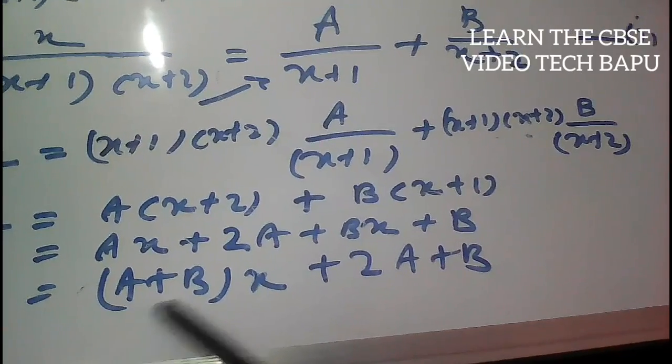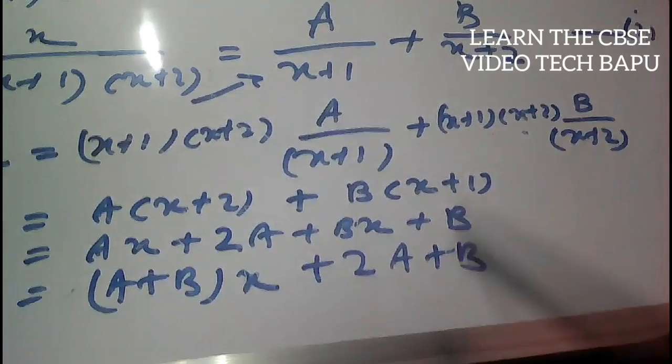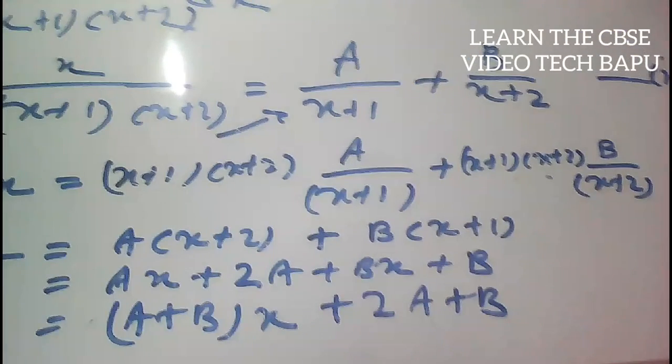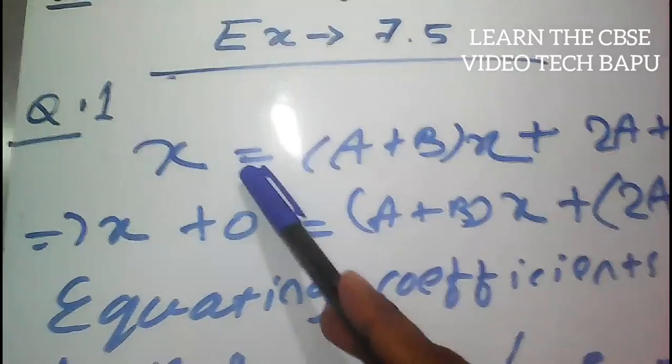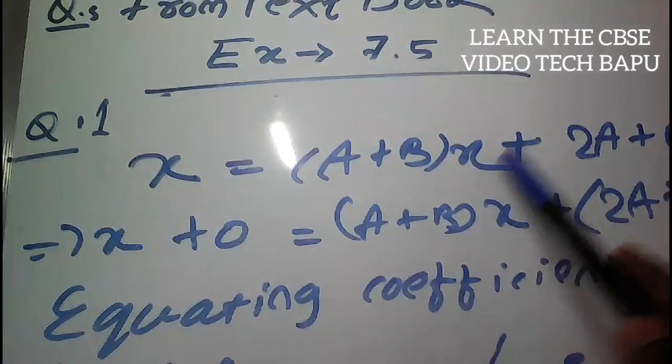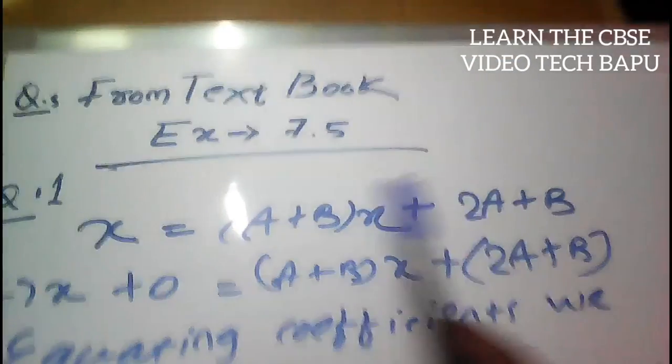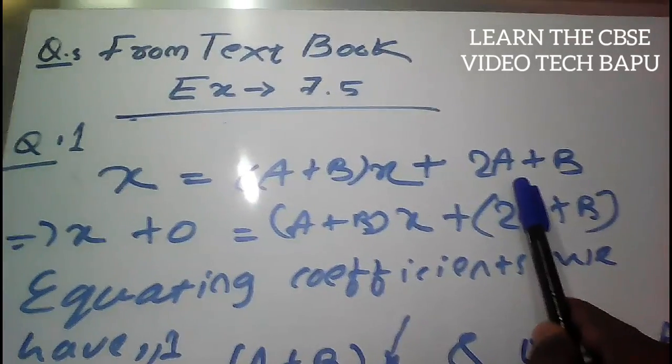So you get (a plus b) into x plus 2a plus b. Now you can clearly see that 1 is equal to (a plus b) into x plus 2a plus b.